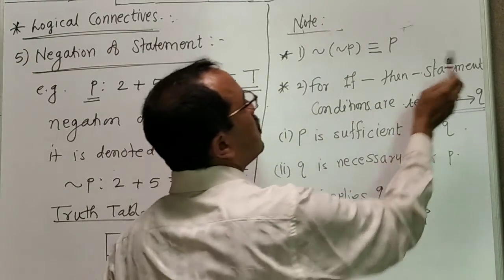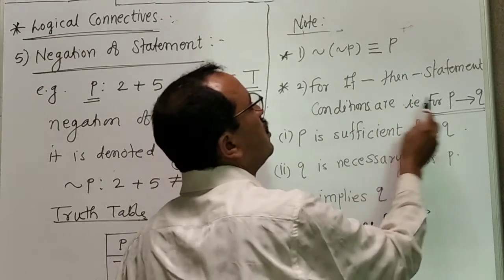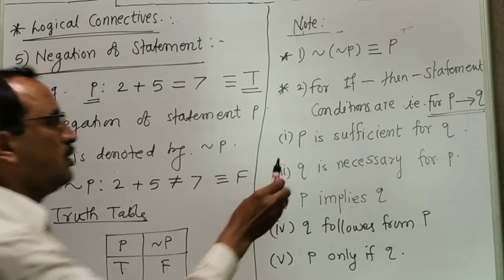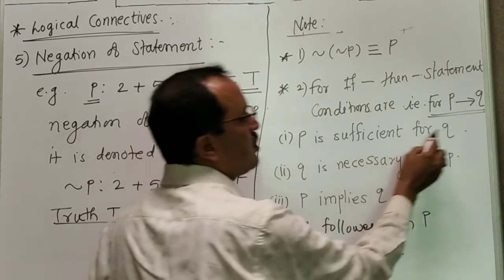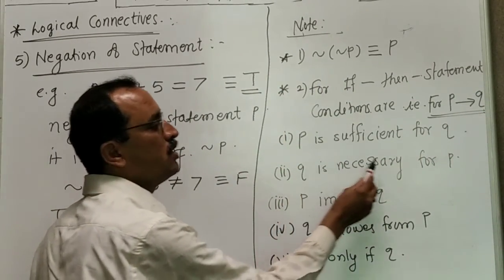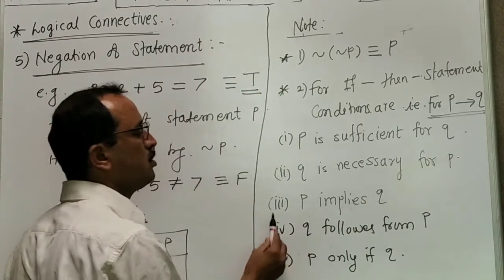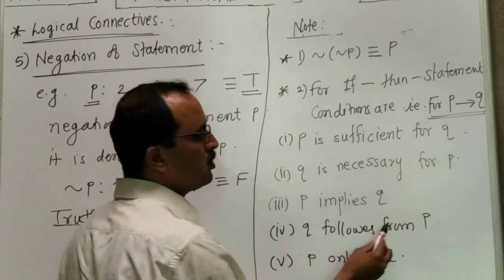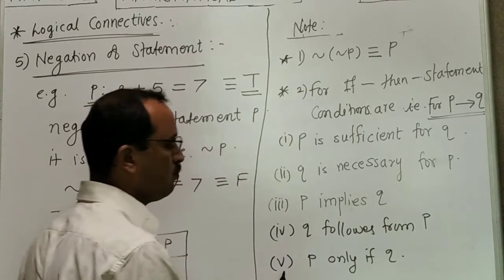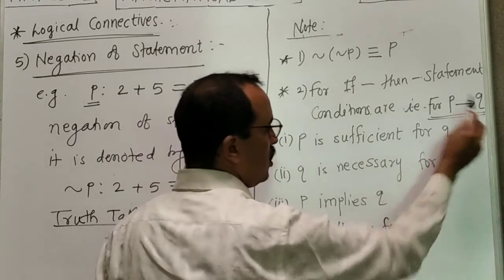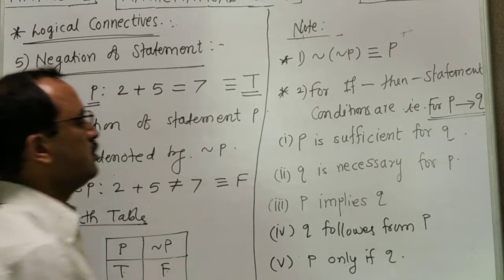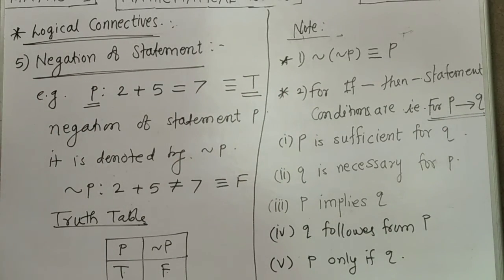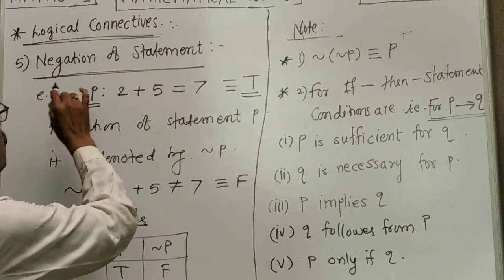Second, for the if then statement, if the statement is if P then Q, it is read as: first, P is sufficient for Q; second, Q is necessary for P; third, P implies Q; fourth, Q follows from P; and last, fifth, P only if Q. These 5 have similar meaning to if P then Q. In this way, we complete the 5 connectives.